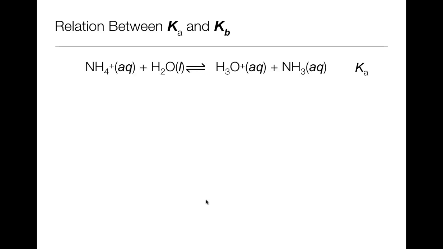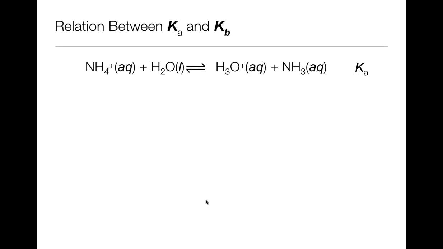We have the acid reaction with water, where the ammonium, the protonated form of ammonia, acts as an acid and can donate a hydrogen to the water, transforming water into hydronium, H3O plus, and the ammonium is converted to ammonia.